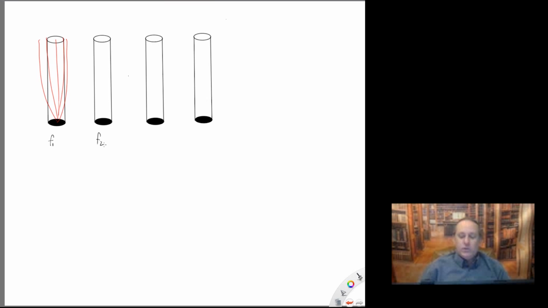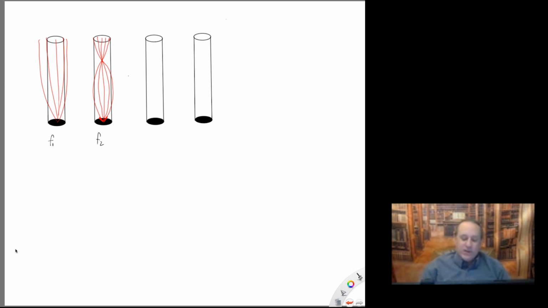So F2, well, it's got to have a node at the fixed closed end. And it has to have an antinode on the open end, but because it's a higher harmonic, we should be getting an extra node in between. So what that looks like is something like this. Okay, so we get a node, antinode, node, antinode.